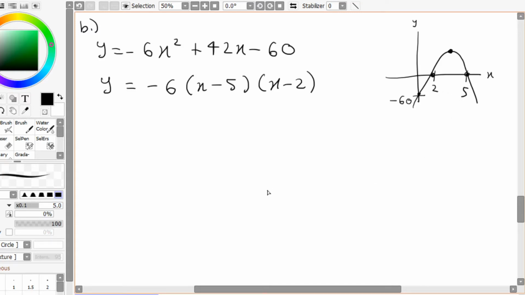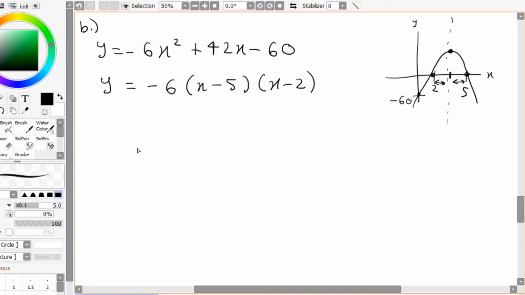Alright, so I would like to find the x value of the vertex. The vertex is right in the middle of the two x-intercepts because, as the axis of symmetry goes, the zeros are going to be on opposite sides. They're going to be the same distance from here and from here.